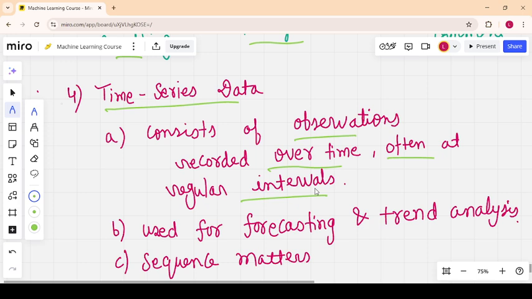It can be used for forecasting like weather forecasting and trend analysis like stock market analysis. In a time series data set, we need to maintain the order. The sequence matters here, but in the previous three types of data, sequence does not matter. Here the sequence matters because it incorporates time.